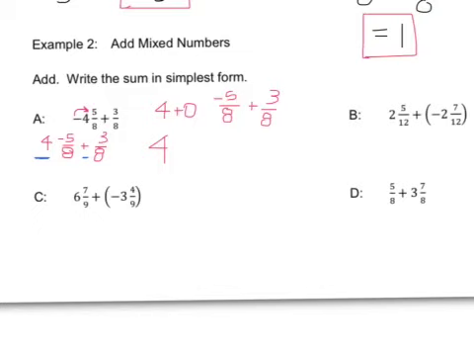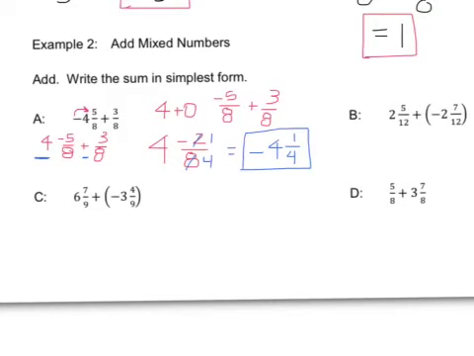Negative 5 plus 3, we have a negative 2. And we keep the 8 on the bottom. Well, 2 over 8 can be reduced. Both of those can be divided by 2, so that becomes a 1, that becomes a 4. Then in your final answer, you will want to move that negative back to the front. So this becomes -4 and 1/4.